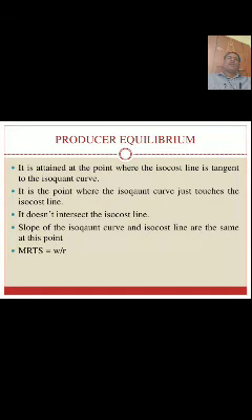In short we write W by R, where W means wage rate and R means rate of interest. When both are equal, that point will be the equilibrium point.